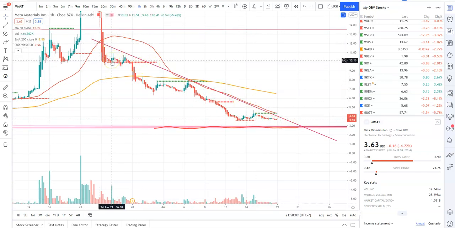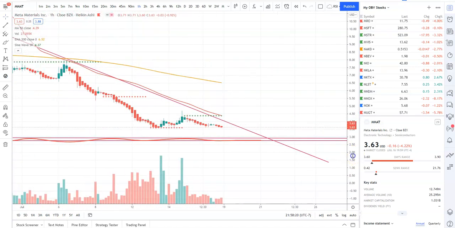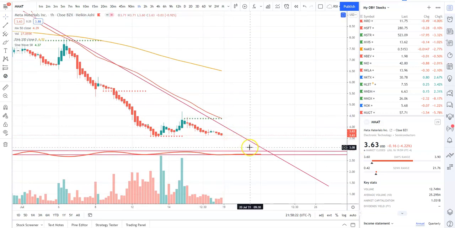Touch points on June 24th, and again here on July 6th. And this, to me, is the area we need to watch for a breakout coming up here. Looks like within the next, at least before July 20th, 21st, somewhere in those.